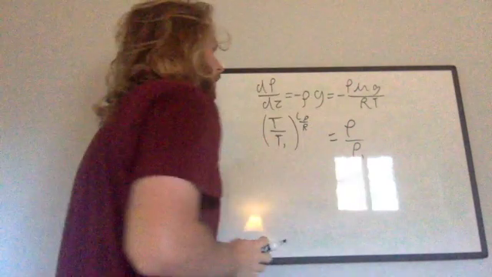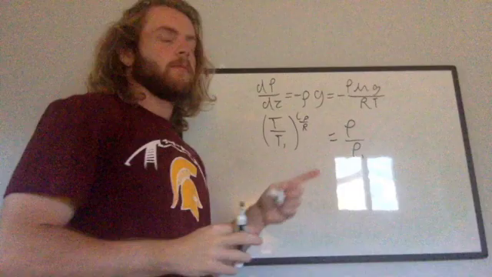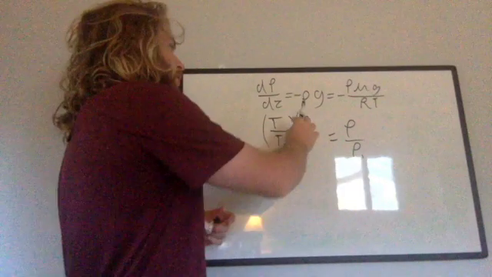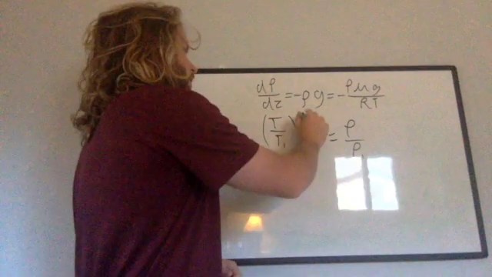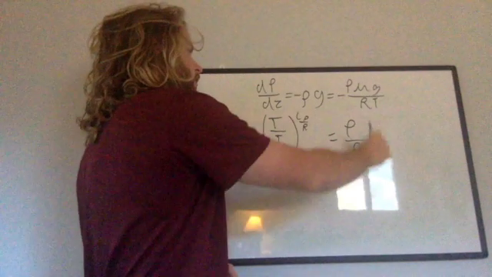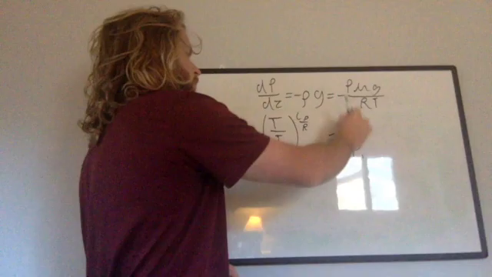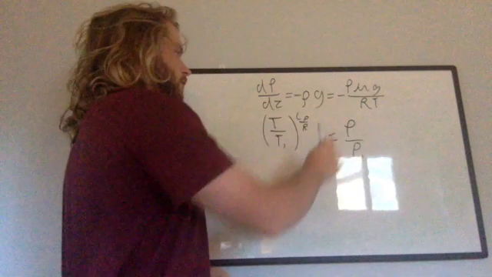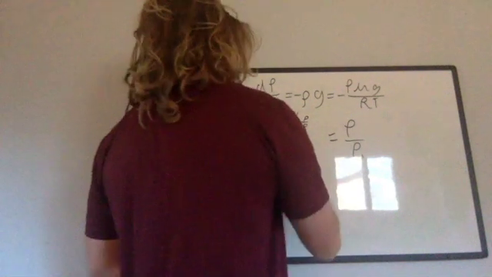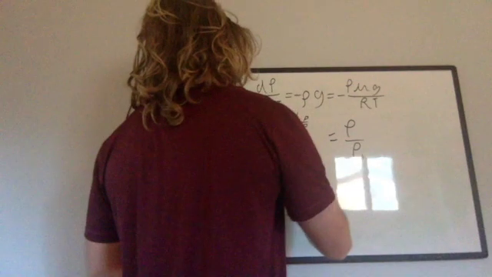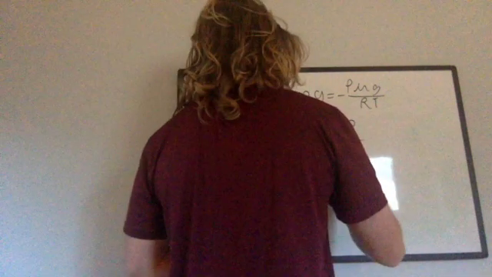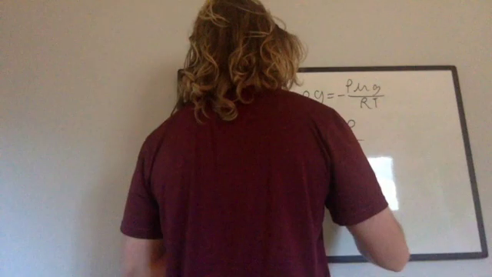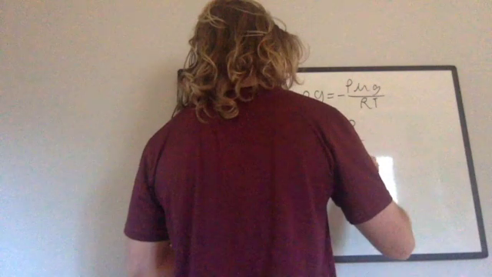And what we can do right here is raise both of these sides to R over Cp, which is going to cancel out this expression, and raise this. This is going to become P over P1 to the R over Cp. So this is going to become T equals T1 times P over P1 to the R over Cp.